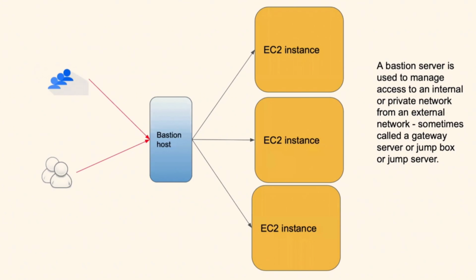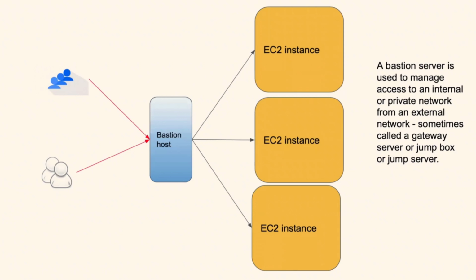A Bastion host, also known as a gateway server, is basically a server that manages access to an internal network in our cloud or on premises. Certain kinds of applications might require this design and a Bastion host will come in handy.